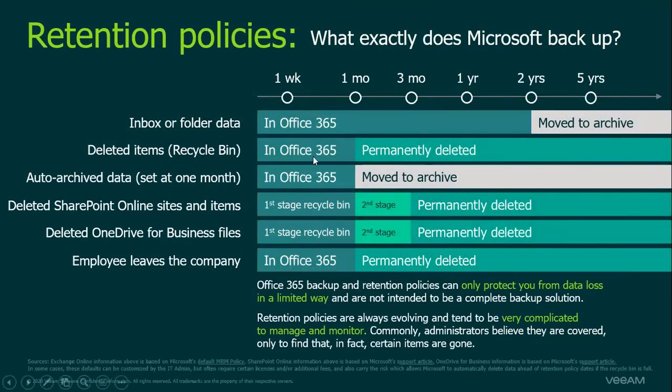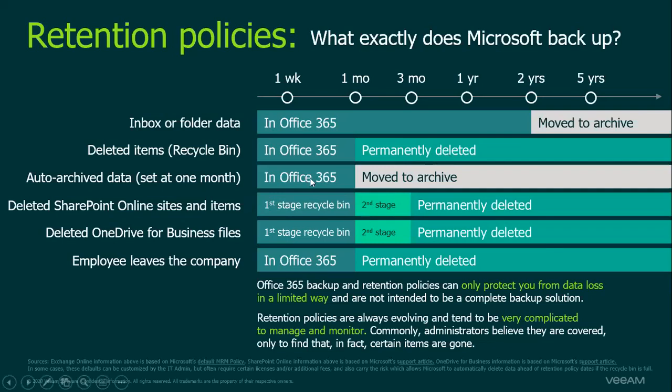So if you see in inbox or folder data, you can create something called archive policies in Microsoft Office 365. So based on your archive policies, the object can move on to archive. If it is sitting in a deleted item, after almost a month or 3 months, it will be permanently deleted.